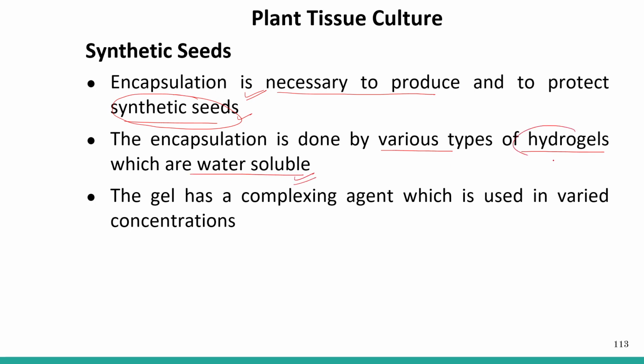So this hydrogel encapsulates the somatic embryo. This is the hydrogel, and it gets dissolved when water is there. So it is water soluble. The gel has a complexing agent which is used in varied concentrations.